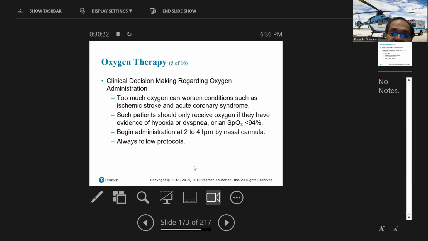Too much oxygen can actually worsen conditions such as ischemic stroke or acute coronary syndrome. All that means is, if somebody is having a heart attack because there's an occlusion in the blood vessel, and you're giving oxygen, that oxygenated blood is getting to the point where the obstruction is preventing any blood from going.